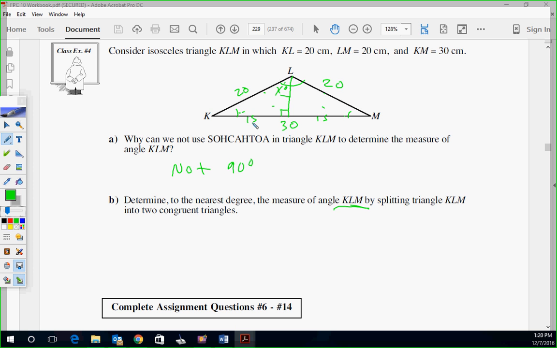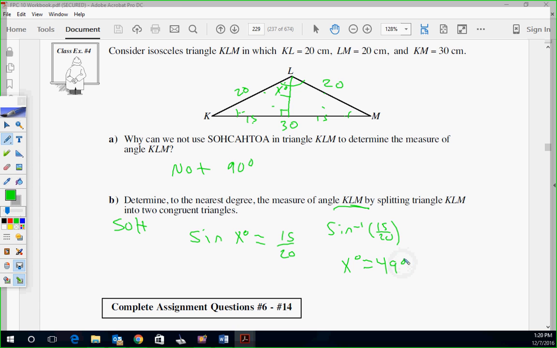What ratio is that going to be? Opposite over hypotenuse, so I'm doing sine x degrees equals 15 over 20. And then sine inverse now. 49. So 49 degrees is KLM.